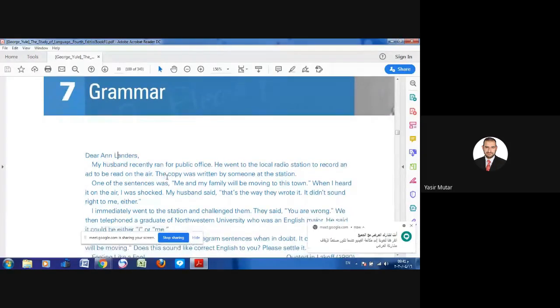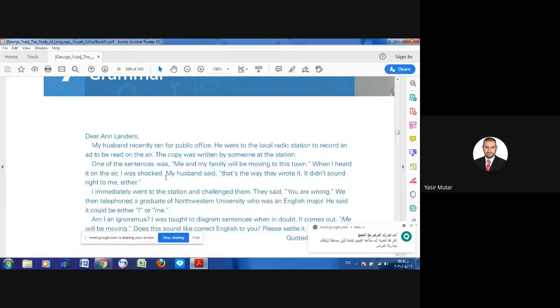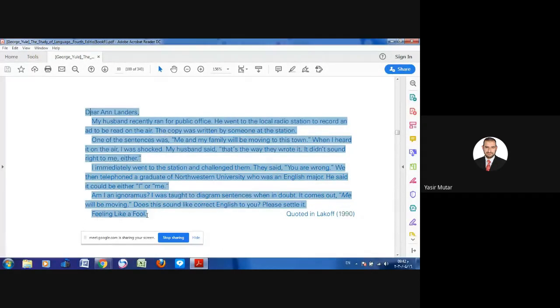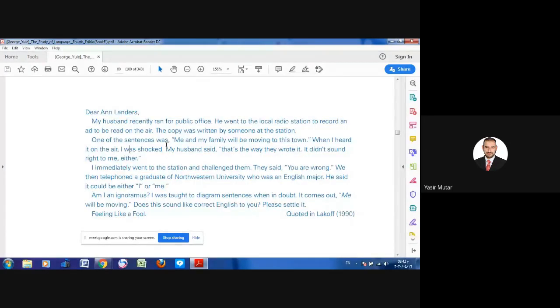As you can see here, we have this extract taken from Lakoff, a well-known linguist. The whole idea of this extract is the difference among people regarding, for example, how to start the sentence.